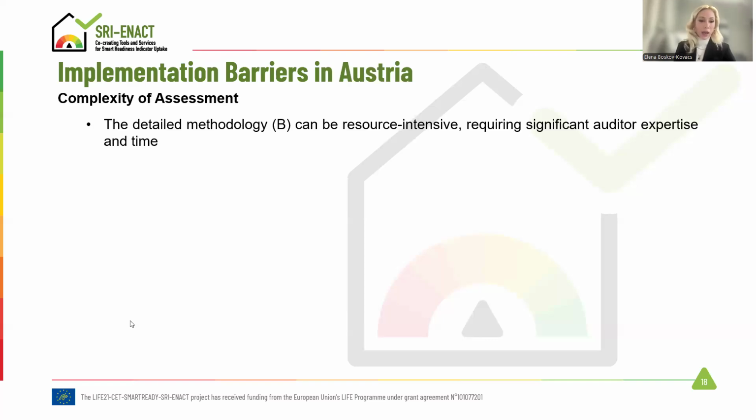So I would say the first and the most important one was that this assessment process can be quite detailed, can be quite time-consuming in spite of all of the tools that we have developed as part of SRI-ENACT. So especially in buildings where there are complex systems installed, it requires a lot of expertise. Sometimes we rely on the energy performance certificate auditors, but these can require additional training that we have provided.